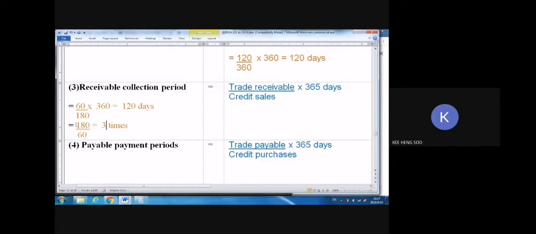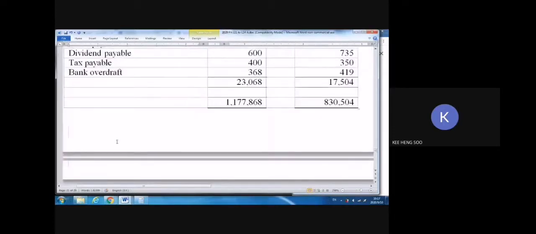Out of the 180 sales, you collect 3 times. That means every time your collection is 60, 60, 60. You got it? So the last one, next year only collect. Okay? So I hope that answered the question. Now I'm going to go through the past year question here.